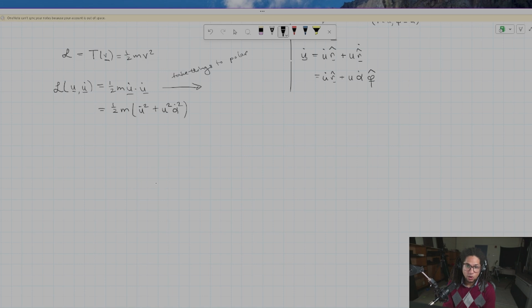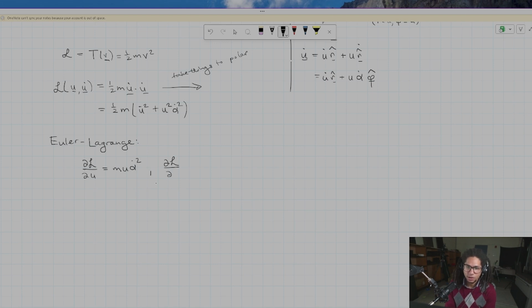Now I can go right to using my Euler-Lagrange equations. Here I'll have one for alpha and one for u. Okay, so dL/du is equal to, well, I get m u alpha dot squared.